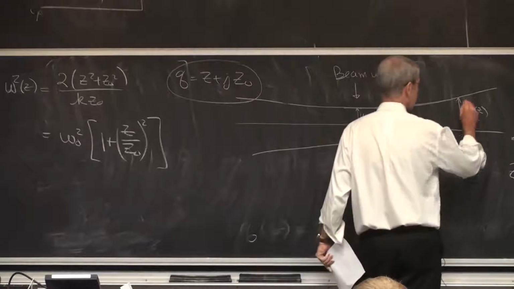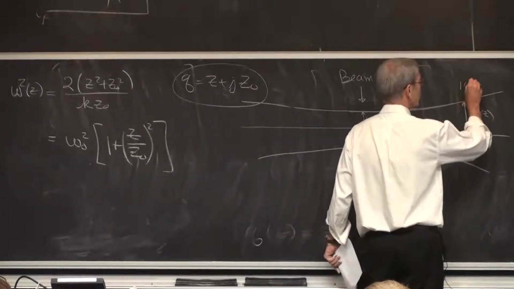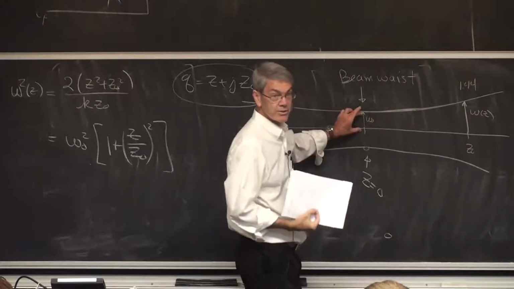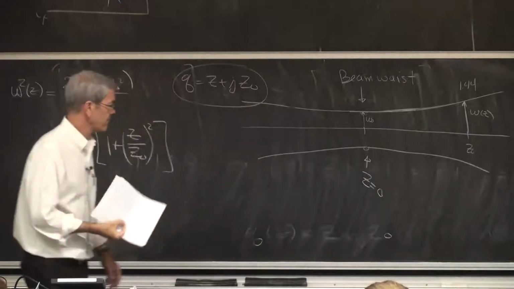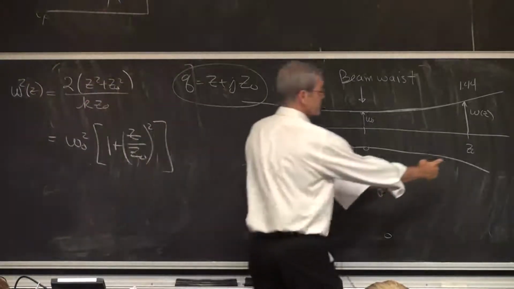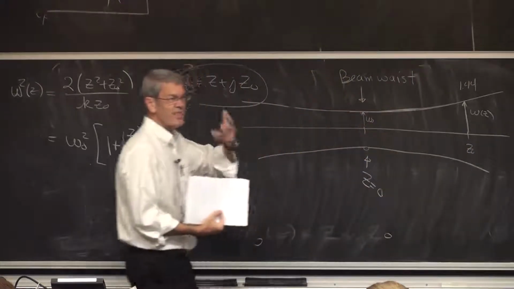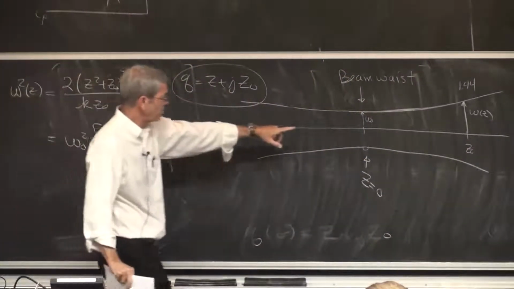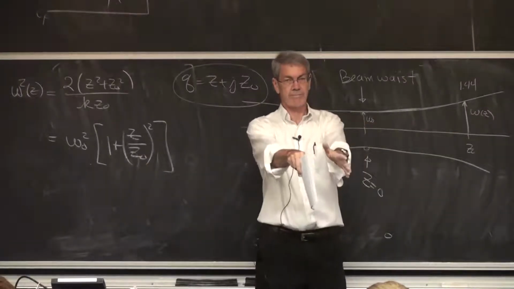Z naught is out here, where this is 1.44. The area of the beam has doubled at Z naught. So Z naught is a physical distance. Let's say it's 10 centimeters. I've got a waist here, and 10 centimeters away, the beam will have doubled in area.